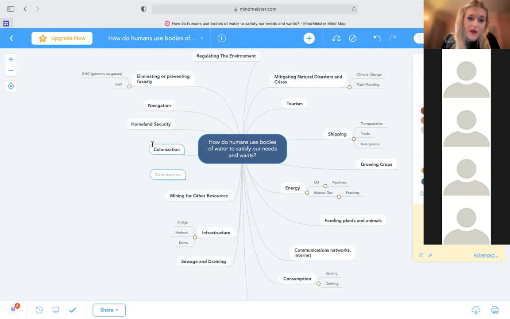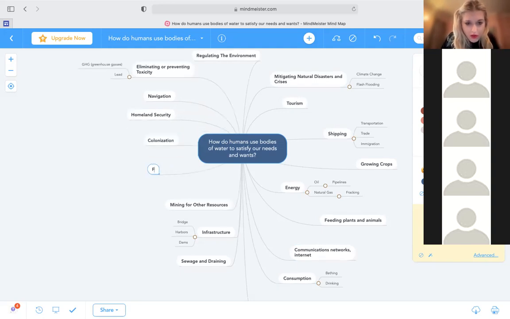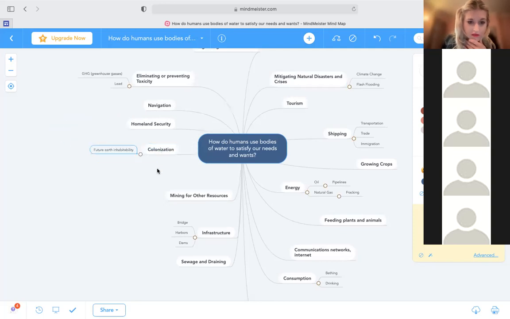I'm sure it's in the research for colonization for future earth inhabitability, but then also colonization, like the conquest that we've already seen. The United States is a colonial nation.